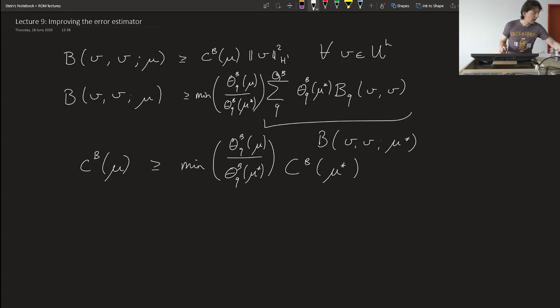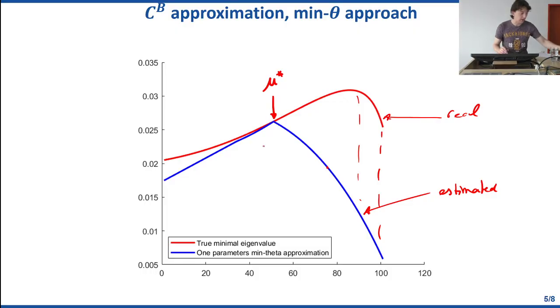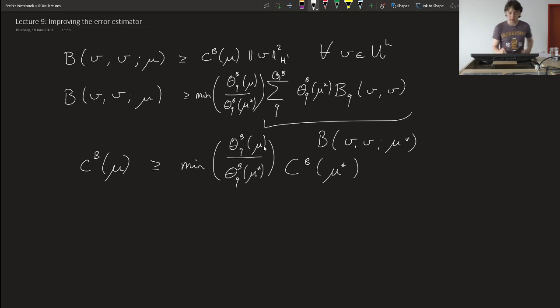And that's why we see this overlap at that one point, the reference location, because at that point the ratio between these thetas is 1 for each of the thetas, so that's simply 1 times the CB. So we retain that value at the reference location.